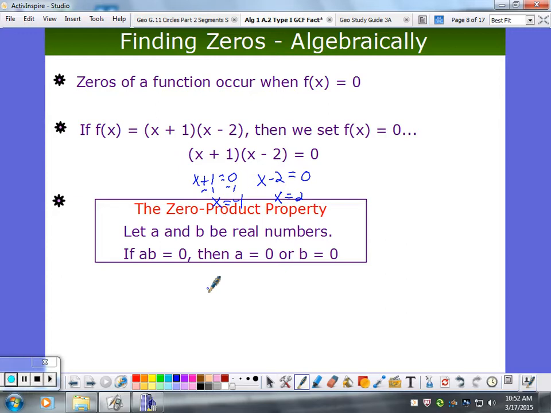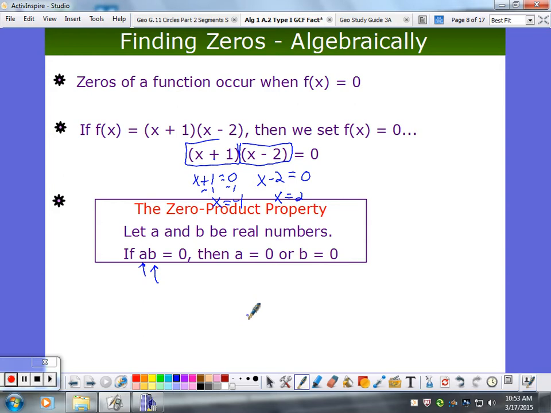The zero product property. All it says, and you've seen this before, if you have two things that you're multiplying and their product is 0, it had to be that either this thing was 0 or the other thing was 0. That's how you get 0. That's what I'm using here. Look at this. Isn't this one thing being multiplied by another thing? So either this one was 0, so I figured out the number that made it 0, or this thing was 0.